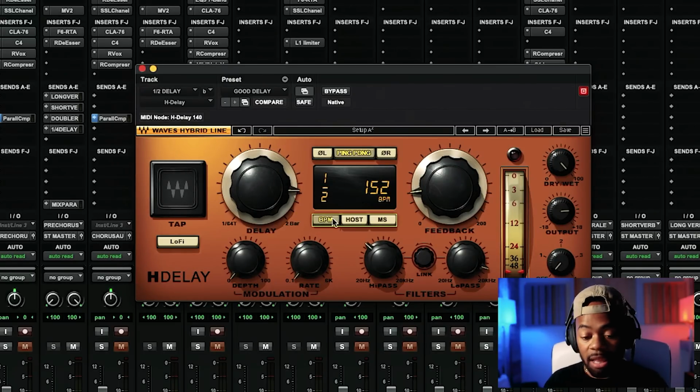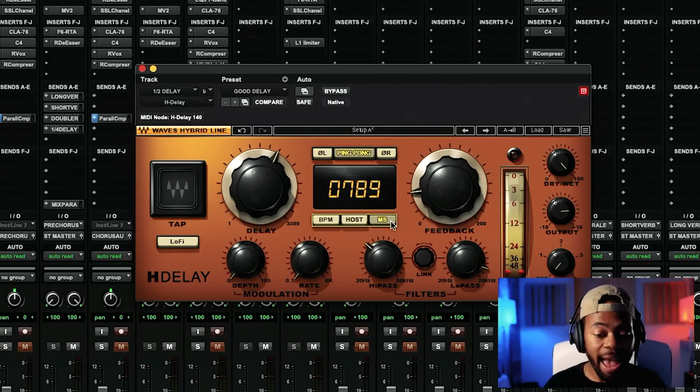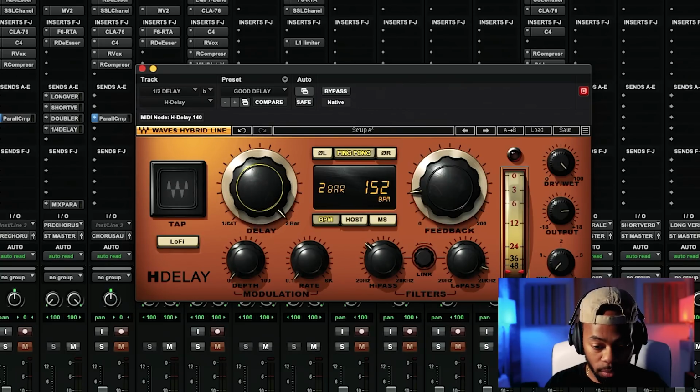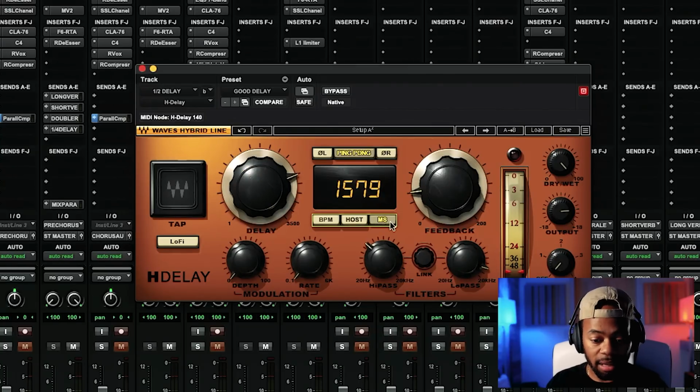So basically, this delay is telling me, hey, your half note delay is actually 789 milliseconds. I say, okay, great. Now, what is a whole bar? So what is a whole bar in milliseconds? I click milliseconds and it's telling me it's 1,579.